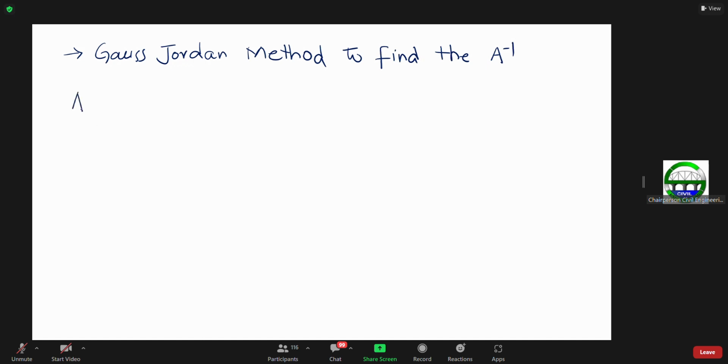Okay, in the example, we have a matrix with 2, 6, 6; 2, 8, 6; and 2, 6, 8. Find A inverse by the Gauss-Jordan method.